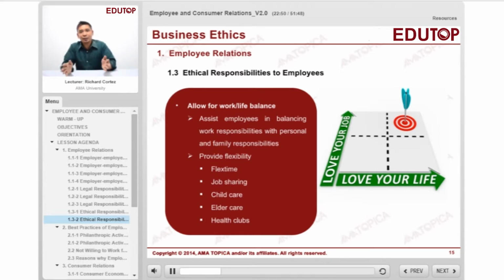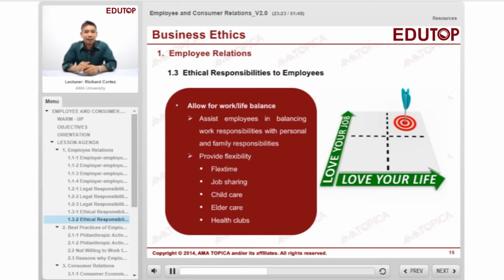So the employer should not always think of the employee working all the time for the company. Sometimes by providing, for example, a gym or exercise for the employees, they can go out to refresh or to relieve stress. Sometimes they should be allowed one week in one year to go out with all the other employees to recharge and refresh, so that they are not always working for the company.